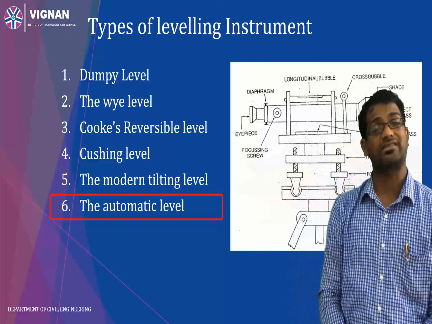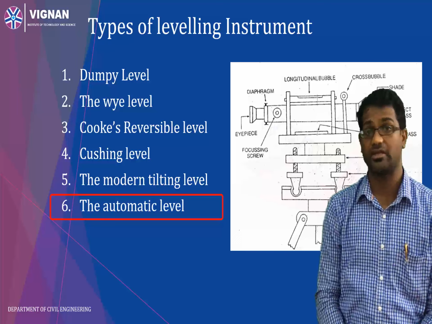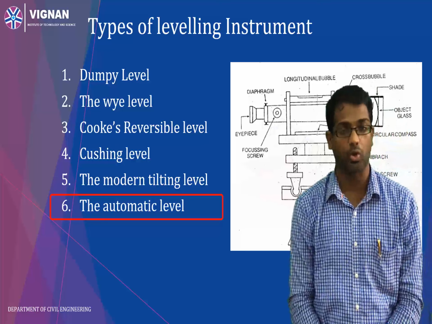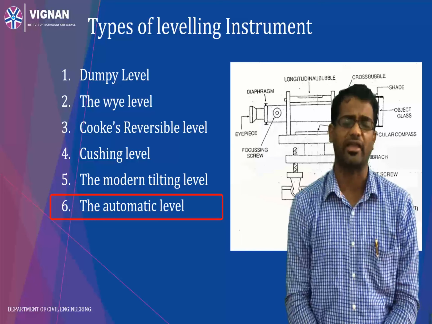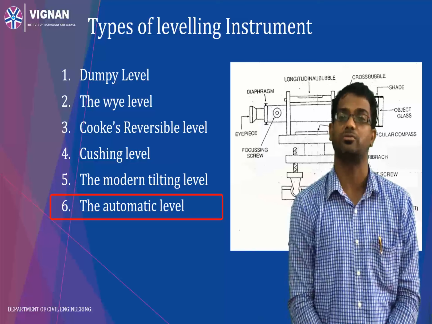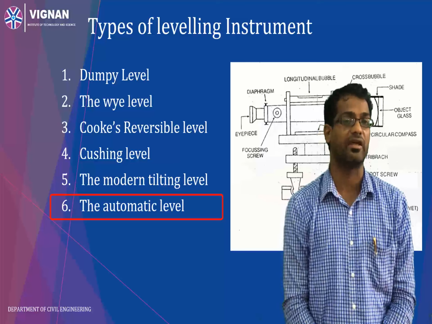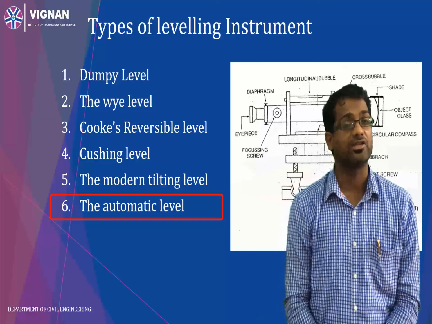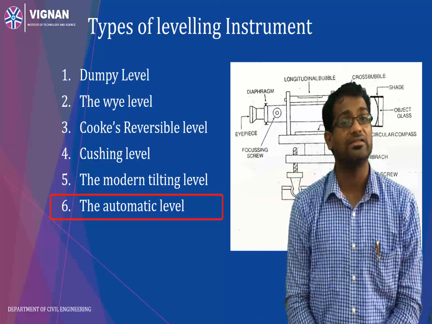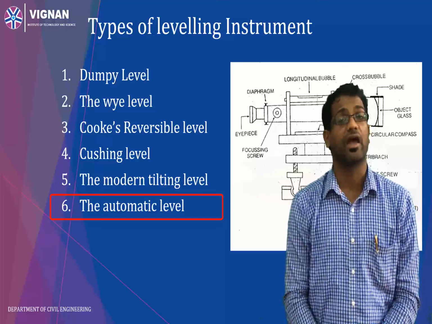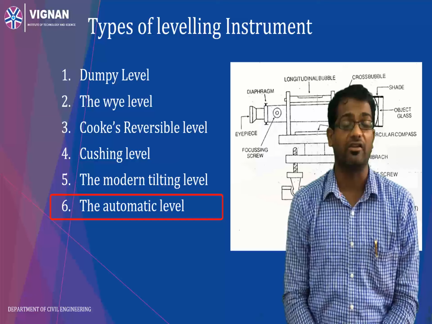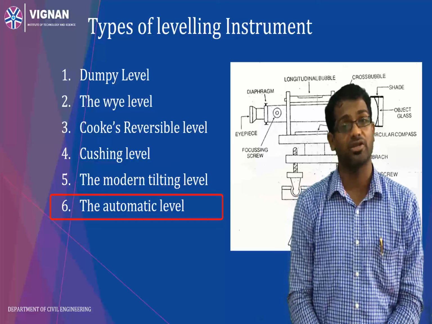When we come to setting up the instrument, the level line plays a major role in finding the accurate values of the ground station points. Automatic level is a level where the instrument calculates the tilt effect by itself, and the errors can be reduced.